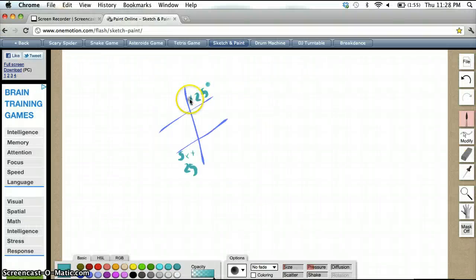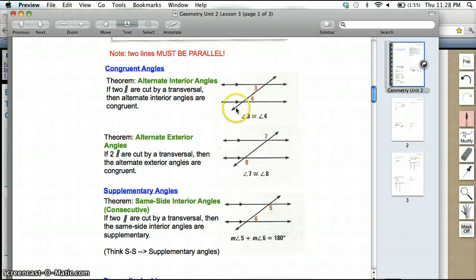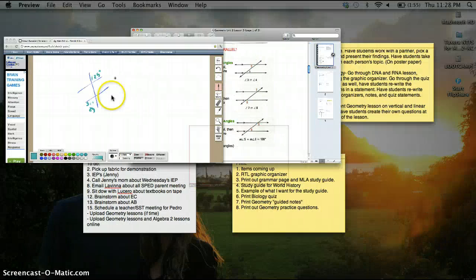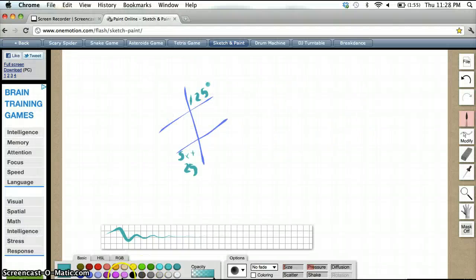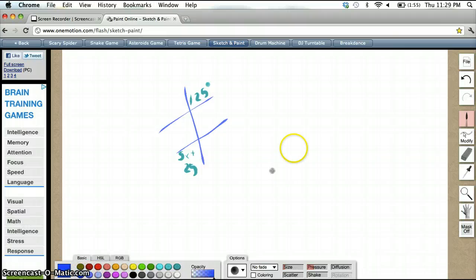If we look back at our properties, these two angles are alternate exterior angles. They're on alternate sides of the transversal and on the outside, so they are equal to each other. We set 125 degrees equal to 5x plus 25.